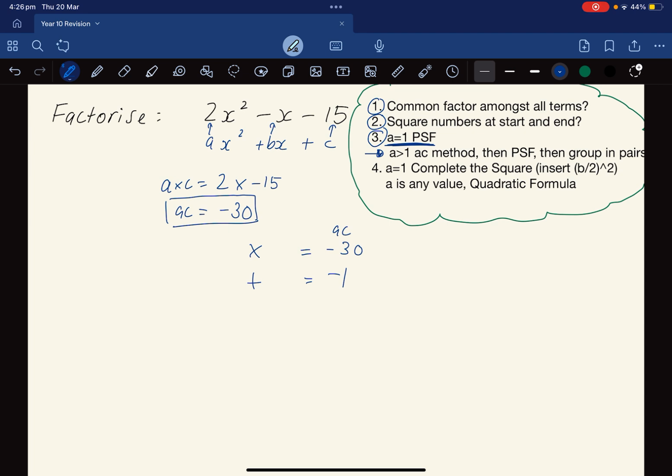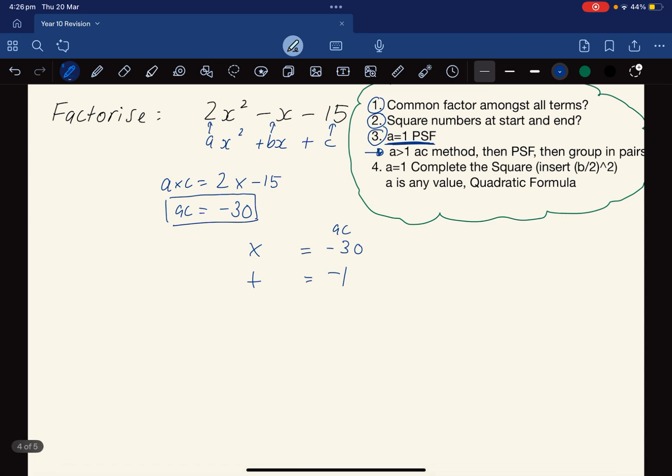Okay, what 2 numbers? So I'm thinking, if I go through the factors of 30, forget about the negative for now, do you really think these factors are going to get in the vicinity of -1 when you add them? No, so I'm just going to ignore those factors. Let's try something a little bit further along.